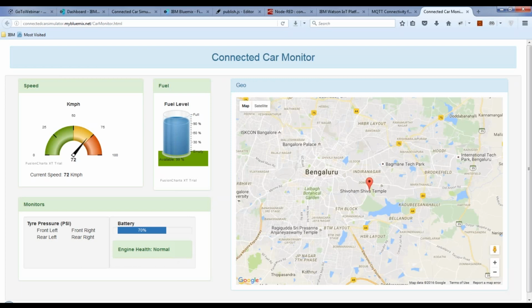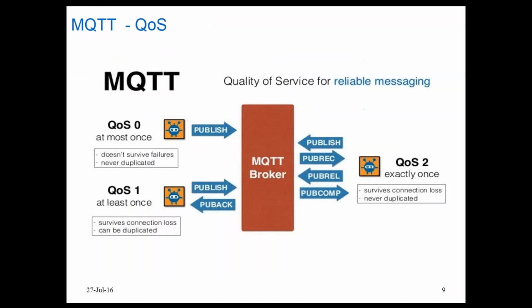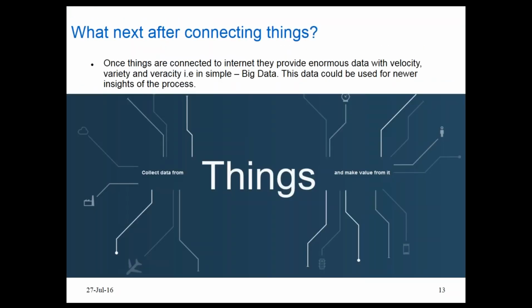Now that you have data on the cloud and data is flowing continuously, say for example, it can be used by an insurance guy.